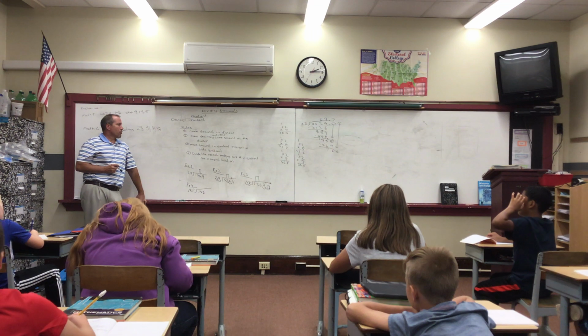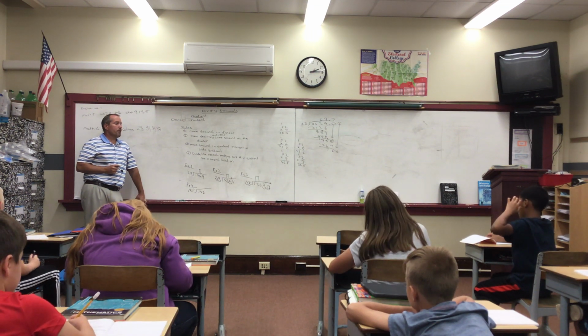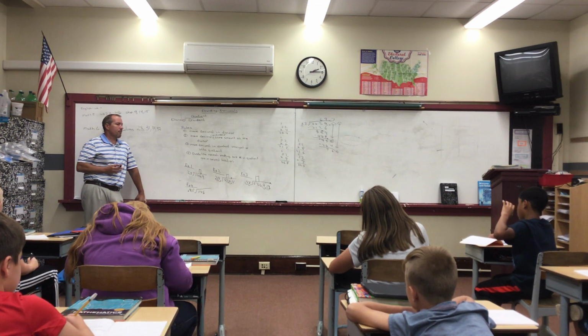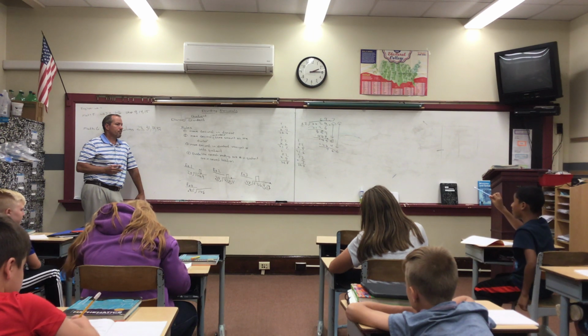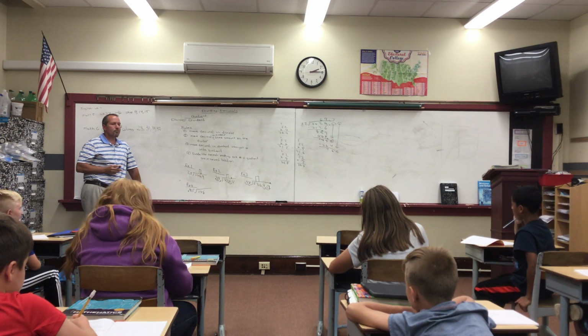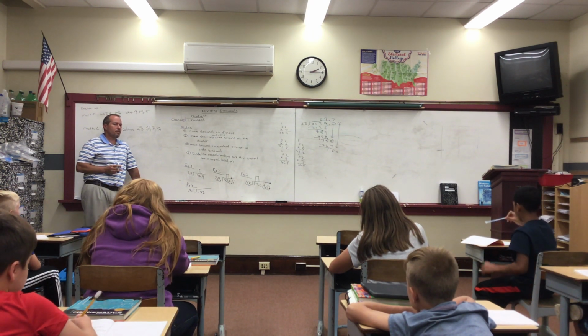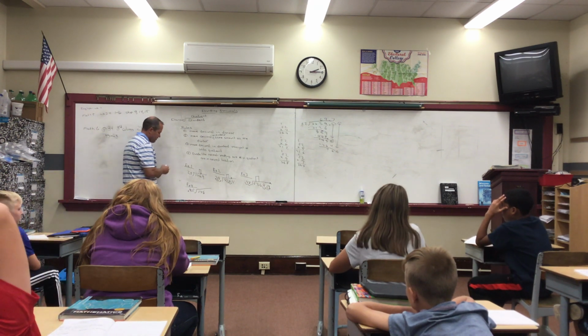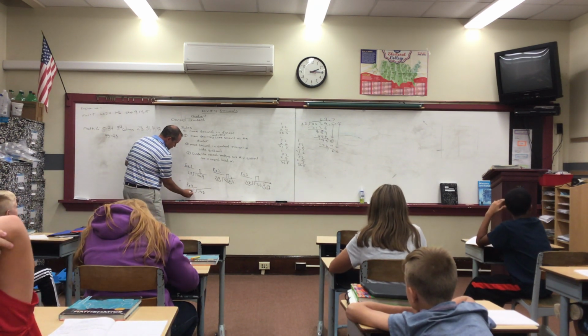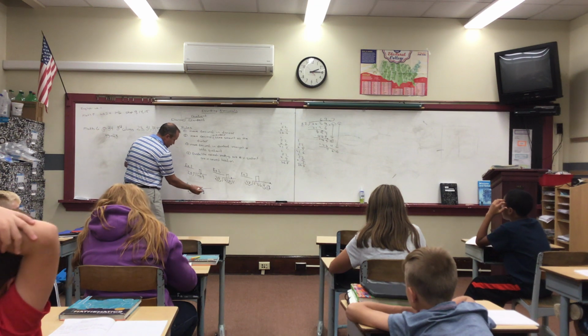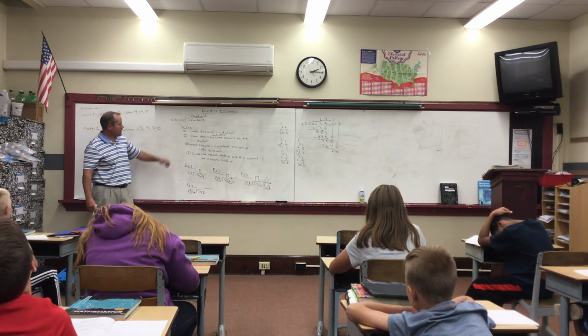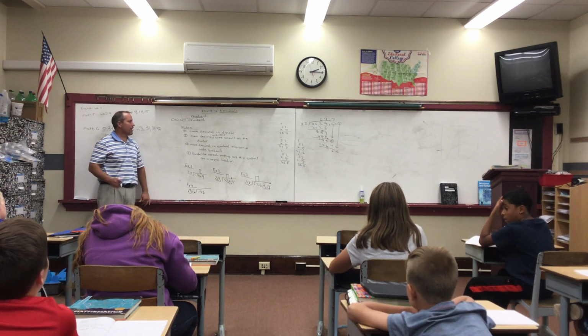So rule 1, move the decimal in our divisor. We're going to move the decimal how many places in our divisor, Brian? Shayna? 2. 2 places. And then step 2, move the decimal in our dividend the same amount as the divisor.